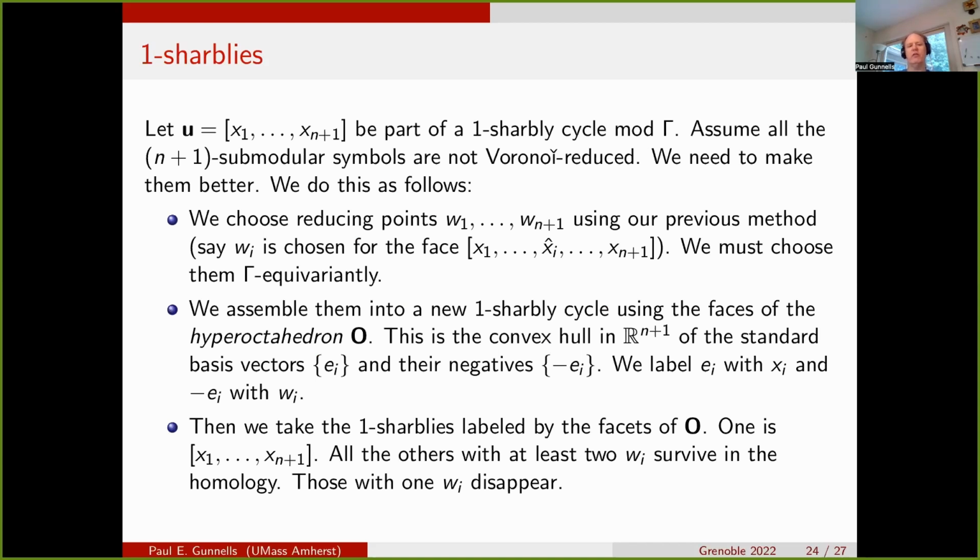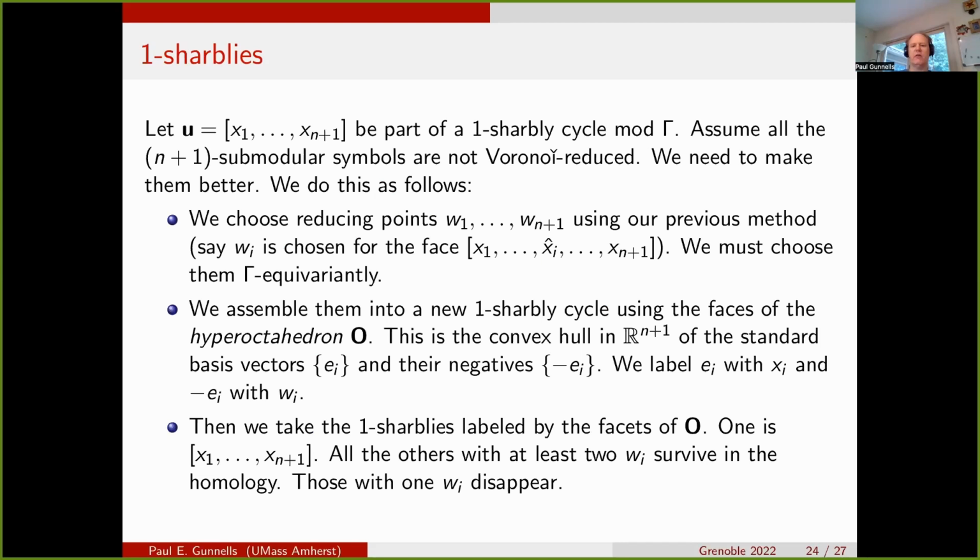So what do we do? You use a hyperoctahedron. This is maybe not the most obvious answer, but I'll show you in a picture what's going on. This is the high-dimensional version of the octahedron. You can think of it as the convex hull in R^(n+1) of the basis vectors and their negatives. That's some polytope. It has simplicial faces, and I'm going to use those simplicial faces to write down a homology.